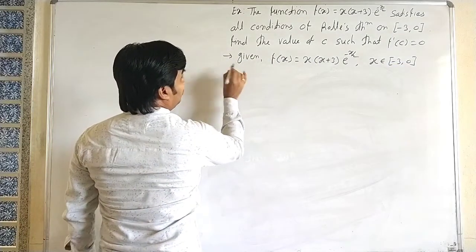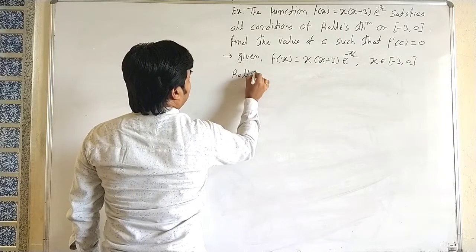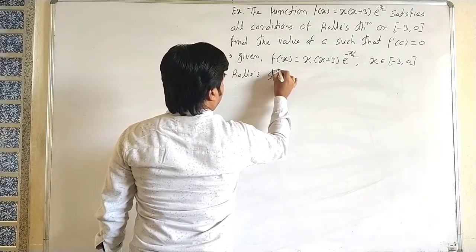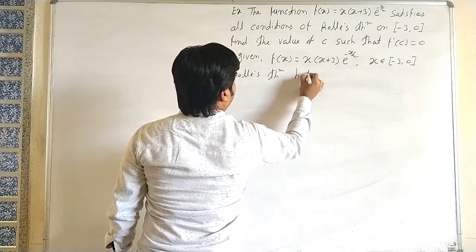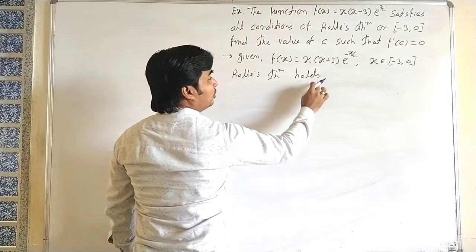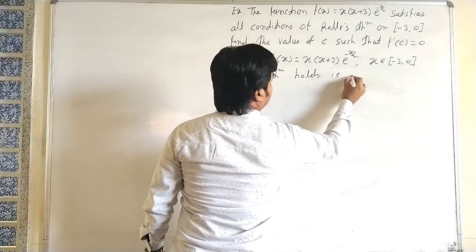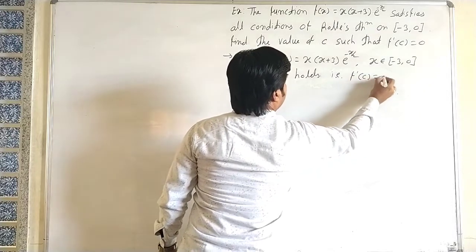Here Rolle's theorem holds. Therefore f dash of c is equal to 0.